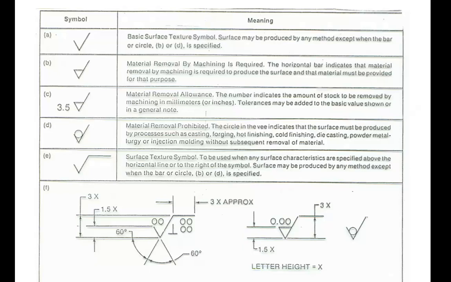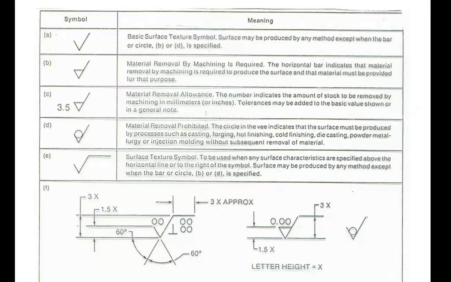But if there is a roughness value written over here, it is to say first measure the roughness of the surface. If the roughness is greater than the one shown over here, then decrease the size of the irregularities.